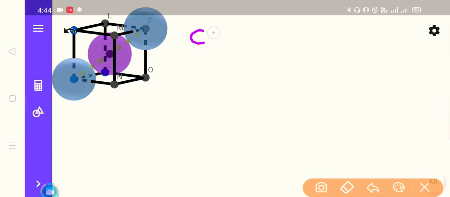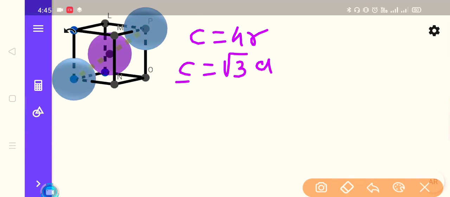Now let us find the relationship between A and R for the BCC unit cell. As mentioned, C is equal to 4R, but we already discussed that C is equal to root 3A, that means the body diagonal line is equal to root 3 multiplied by the edge length of the unit cell.